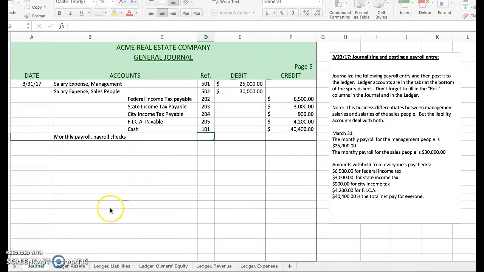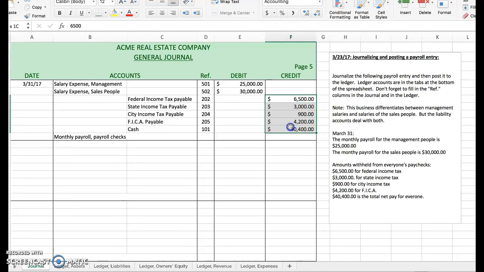So that's how it looks if you break down two different kinds of salary expenses. You don't need two different entries for this. It's one entry. The real difference is the fact that we have two different debits, salary expense for management and for salespeople, adding up to 55,000. If you would get your calculator out, whoops, I'm sorry.